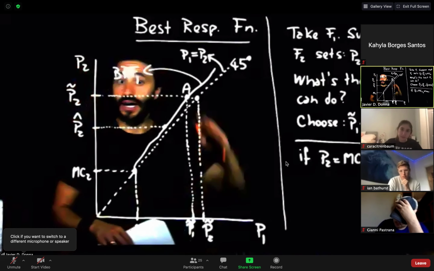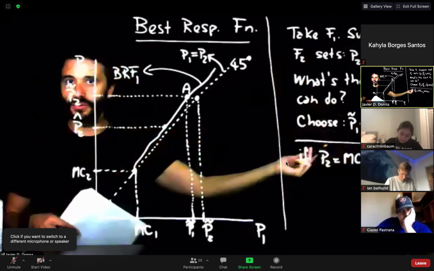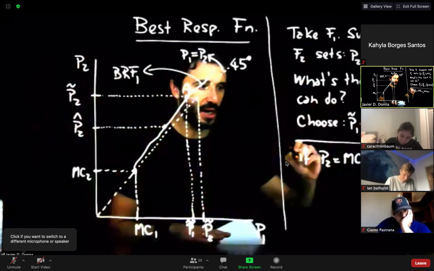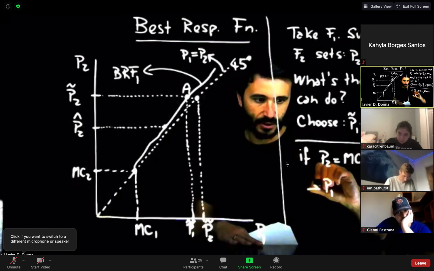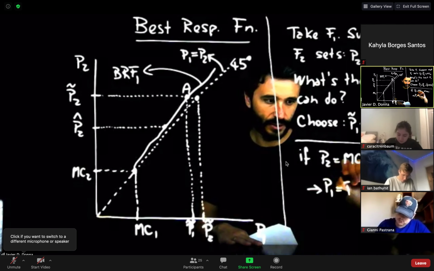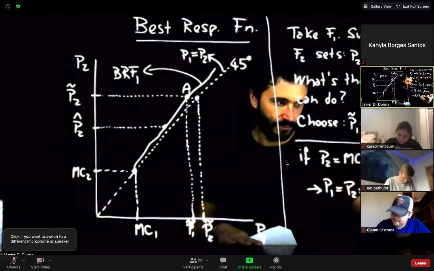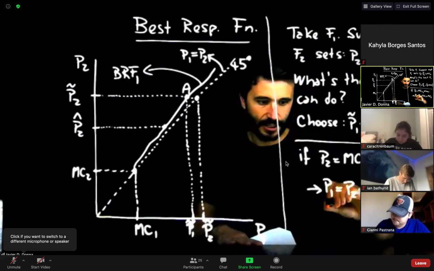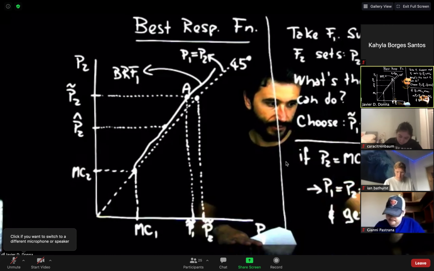Exactly. I don't want to choose a price below, because then I get negative profit. But I can still choose P1 equal to marginal cost, the same price, which was the first thing that one of you suggested to me, and get half.